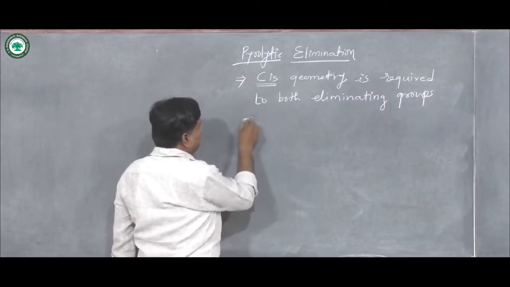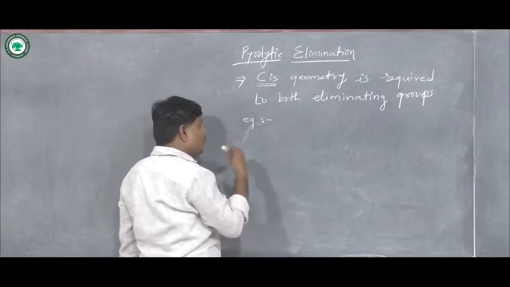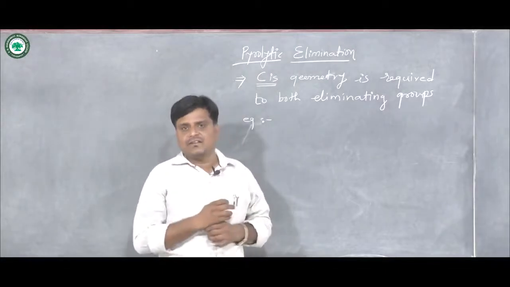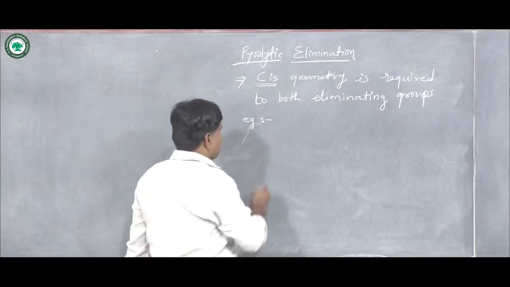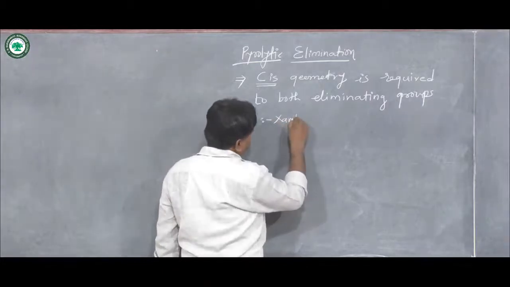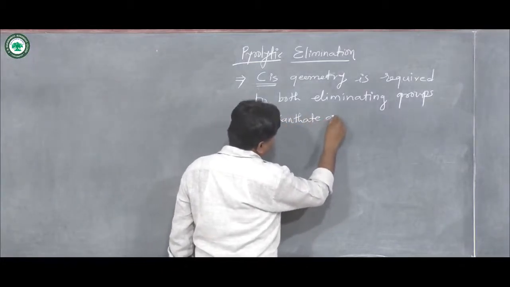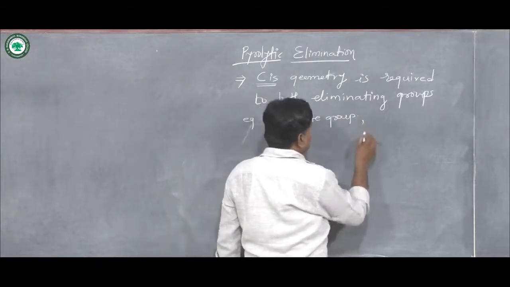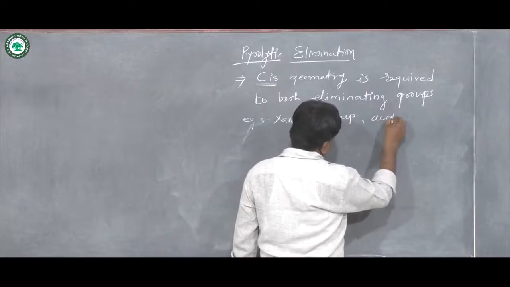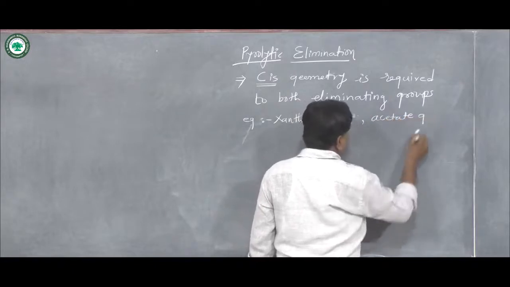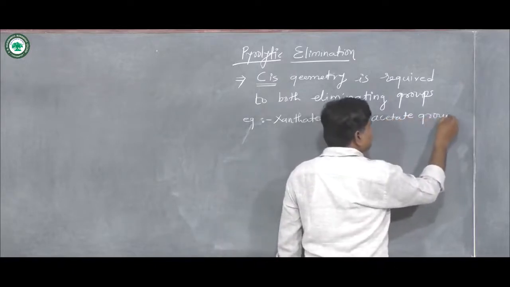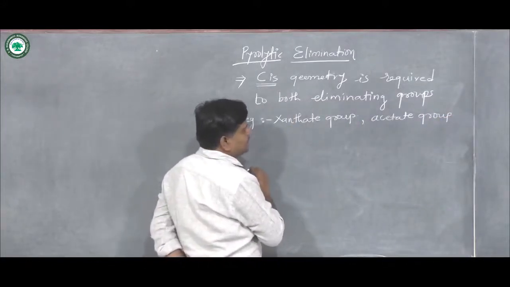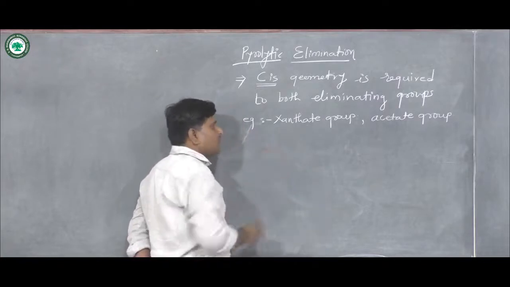We take an example where the group or substituent present on that cyclohexyl ring system is a xanthate group, then an acetate group, then nitrogen oxides, and so on.